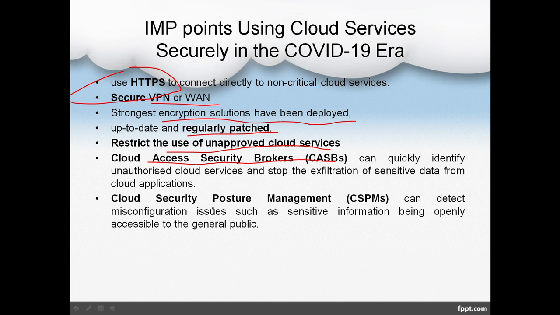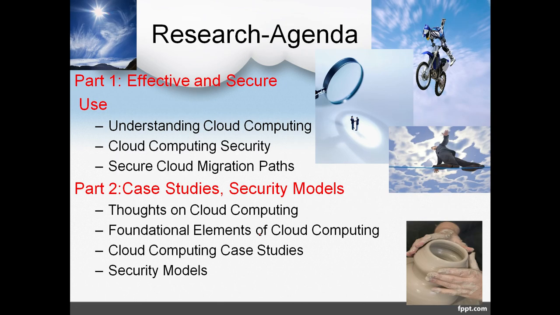Cloud security posture management is again an important thing. CASBs and CSPMs can detect misconfiguration issues such as sensitive information being openly accessible to the general public. These are the important points we must take care of. Some research agendas are also part 1, effective and secure use, and part 2, case studies and security models.